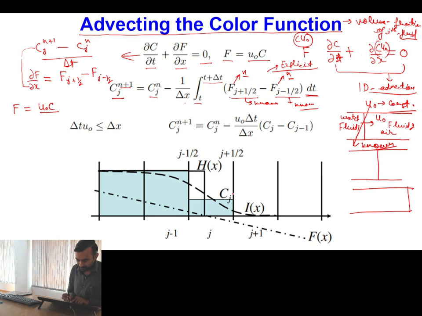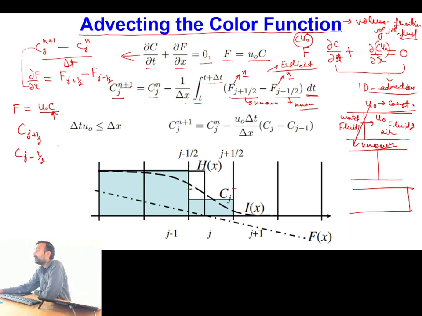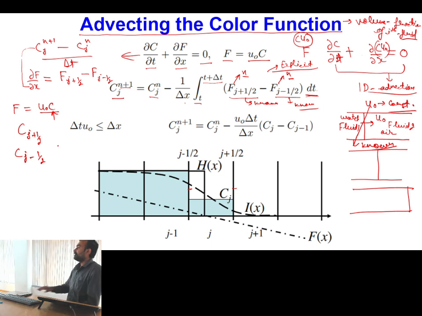So whether you calculate at this face or this face, everywhere the value of u naught will remain the same. But what I need to define is the value of c at face j plus 1 by 2 and the value of c at face j minus 1 by 2. All are clear with this point? Now, what is this term? The term involving f is nothing but an advection term. So, typically, whenever we solve the advection term, which type of scheme do we follow?